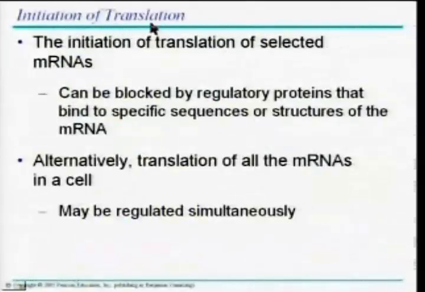So initiation of translation is the next level of regulation we want to consider. The initiation of translation of selected mRNAs can be blocked by regulatory proteins that bind to specific sequences or structures of the mRNA. Alternatively, translation of all the mRNAs in a cell may be regulated simultaneously.